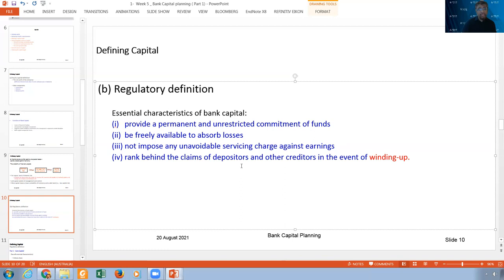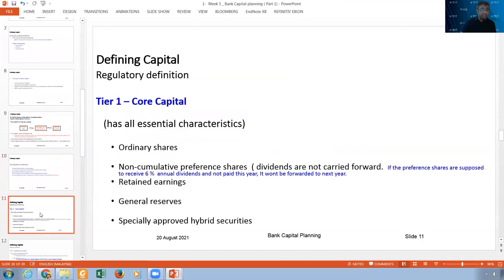So that capital, as you can see, looks like equity capital. And this is actually the essential capital, and the regulators focus on that capital, which looks like the equity capital. Do we have any other capitals?